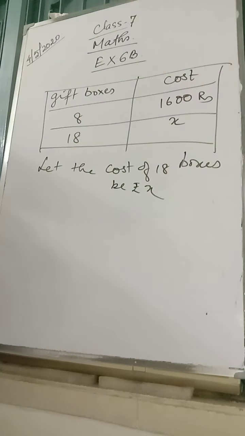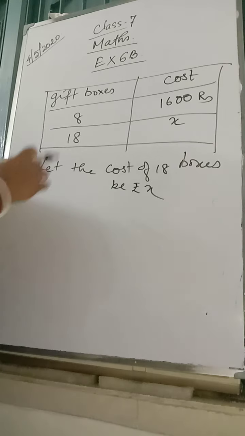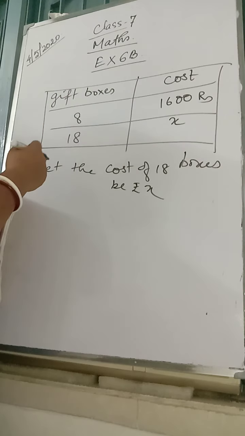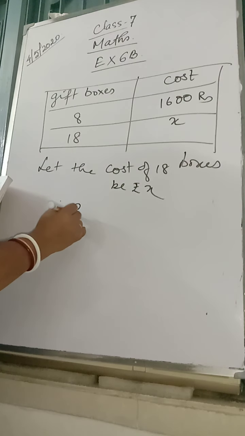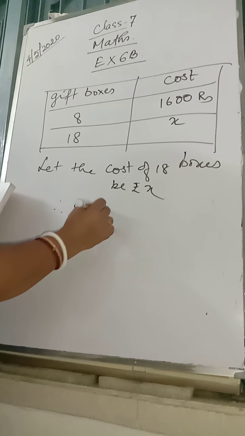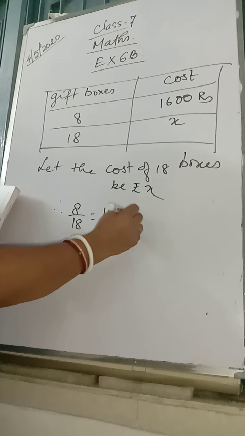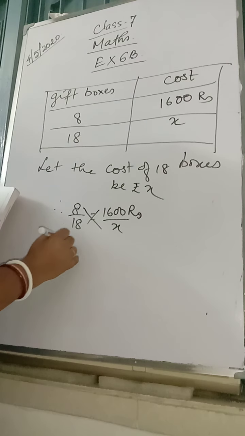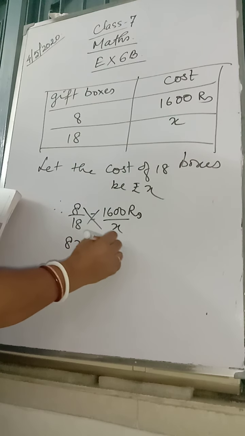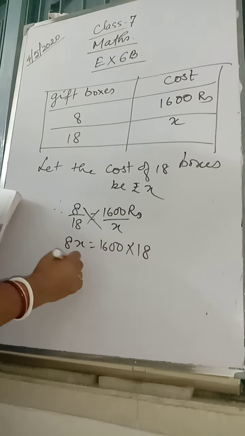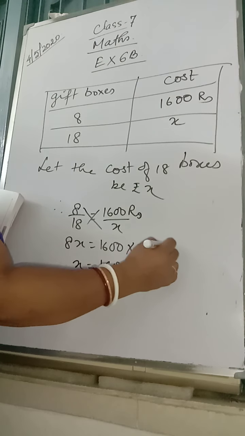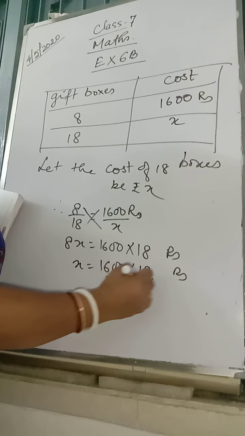You will decide whether it is direct or indirect. 8 boxes 1600, 18 boxes, it will be more or less? It will be more. This is direct. So what we are going to do, if it is direct, 8 by 18 is equal to 1600 rupees by X. Now go for the cross multiplication. 8X is equal to 1600 into 18, or X is equal to 1600 into 18 rupees by 8.